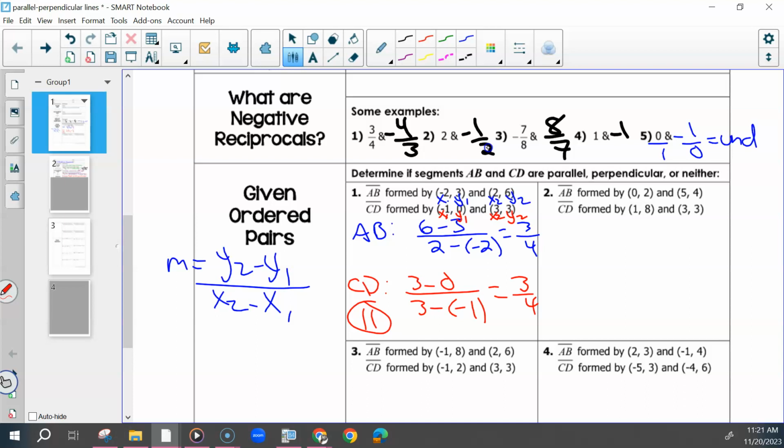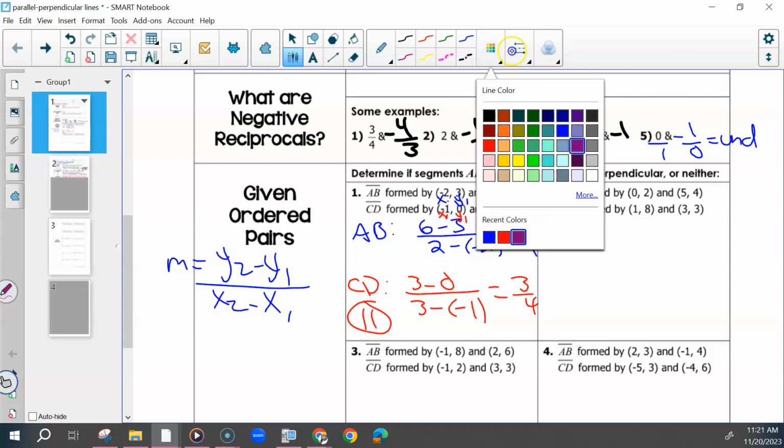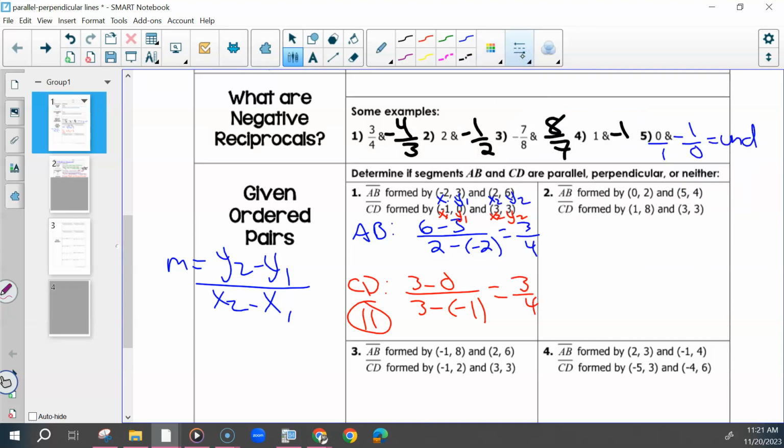Questions on that one before we continue? Alright. Let's try number 2. Same process. Find the slope of AB. We have 4 minus 2 over 5 minus 0, which would give us 2.